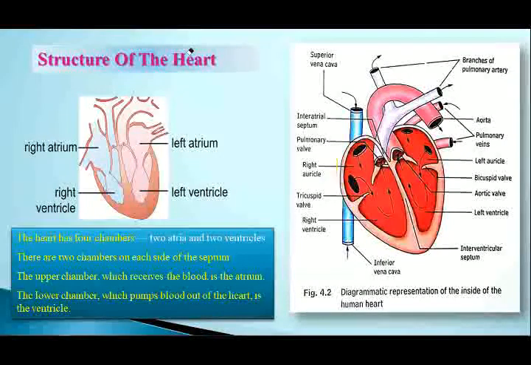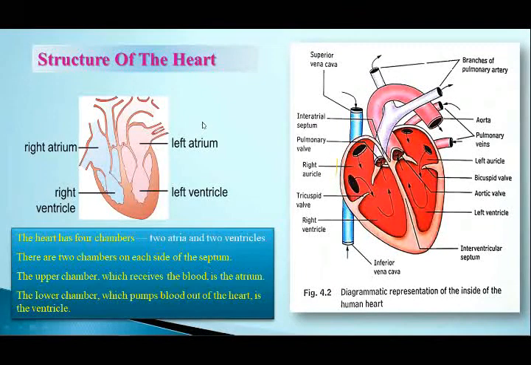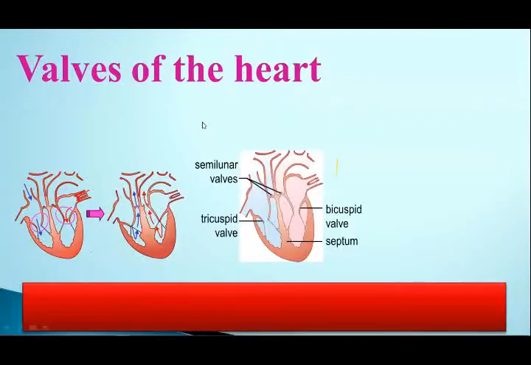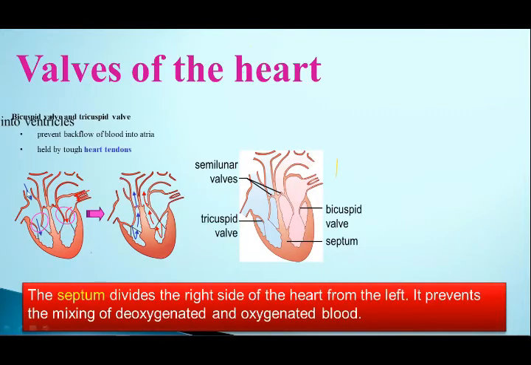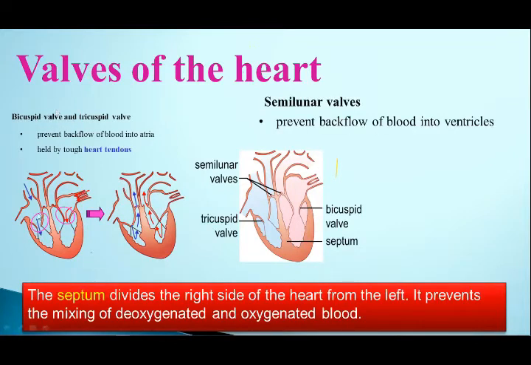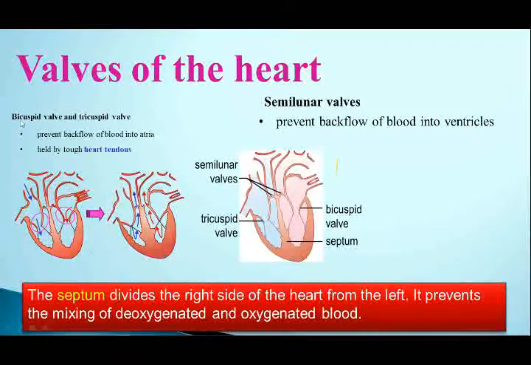Now, after understanding the structure of the heart, let's look into the valves of the heart in a little bit more detail. So, as I already mentioned, you have two important types of valves: bicuspid valve and tricuspid valve.